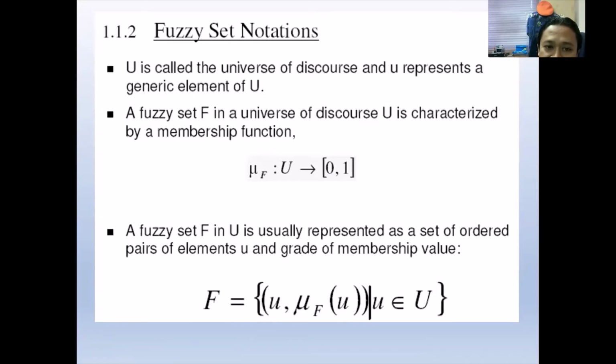The membership function that I mentioned goes from 0 to 1, that is standard. If you use MATLAB, you also have to set the membership function, and in MATLAB it is still from 0 to 1. That is fixed. The membership function is fixed from 0 to 1. Also, this is how we can write the fuzzy set.